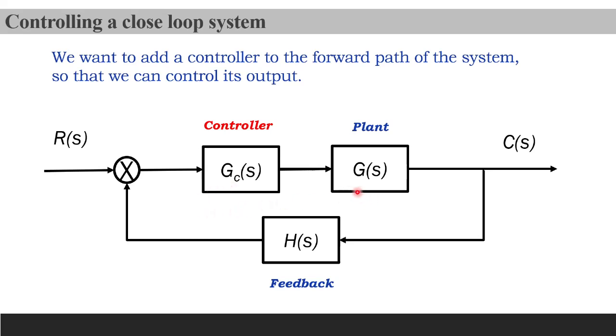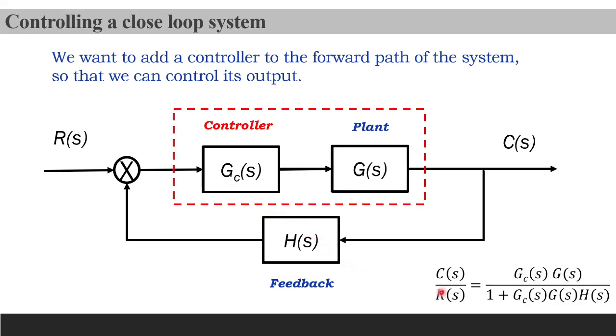So if I write the closed loop transfer function now, this would be C over R equals this, and we can easily see that, by simplifying it, Gc is present in the numerator as well as in the denominator. That significantly means that Gc, which is the controller of the plant, would contribute to the poles because it's present in the denominator, as well as to the zeros because it's also present in the numerator.